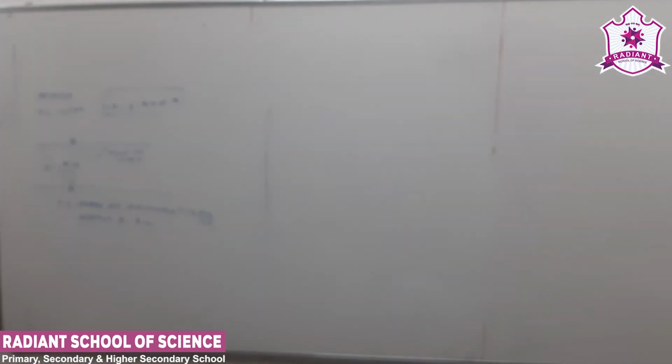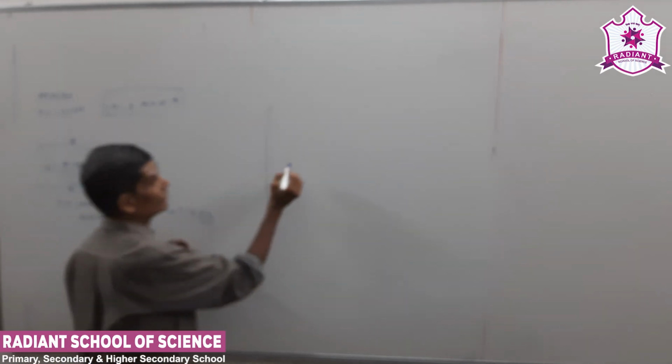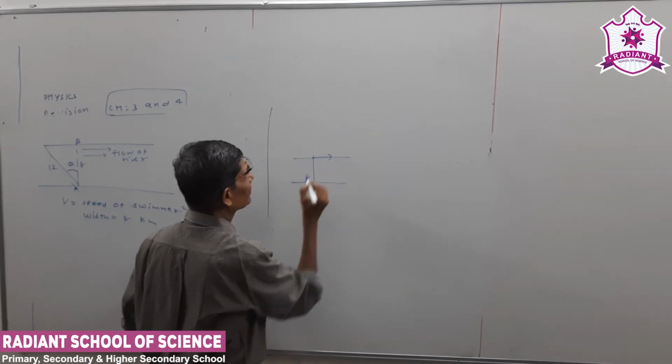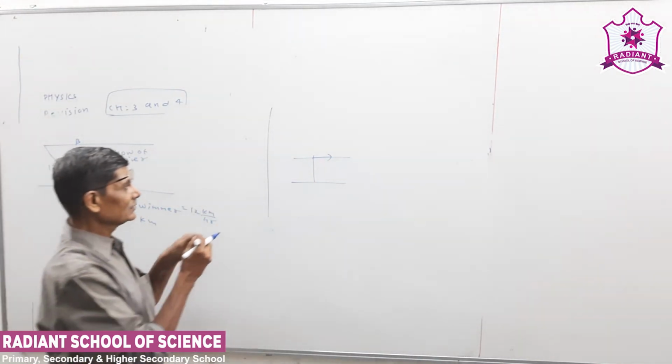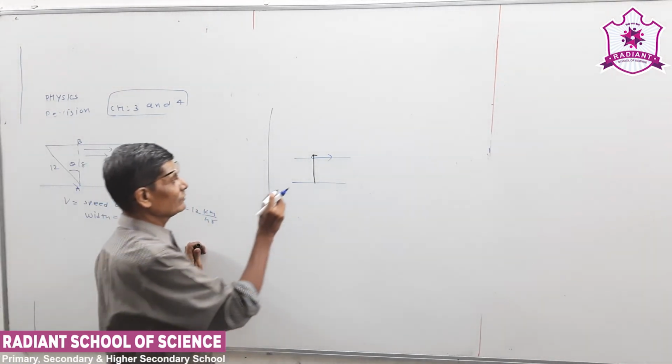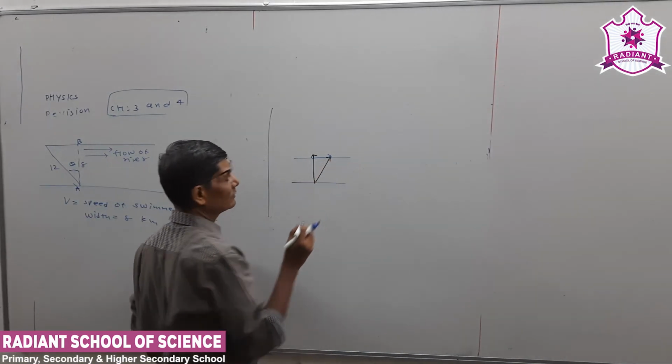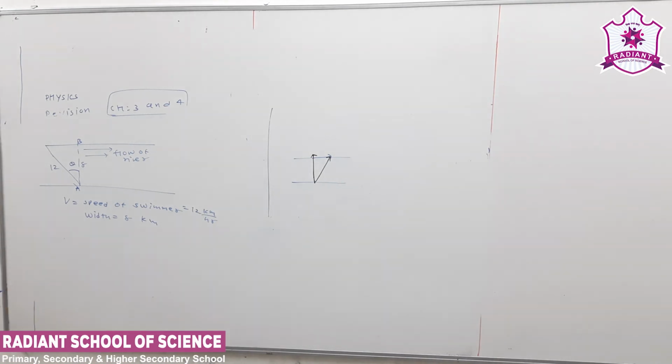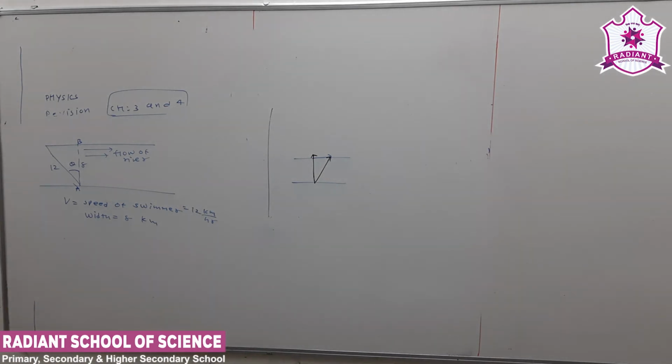So that's why we can have some variation in the exam. Now let us say the flow of the river is like this. If the swimmer just starts in the vertical direction, because of the flow, his motion will be diverted. But we can say he is smart, so he swims at some angle with the vertical.